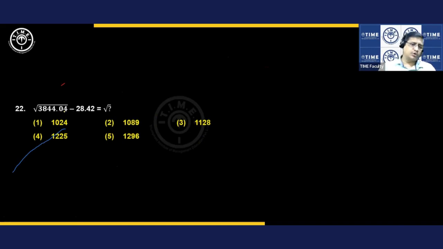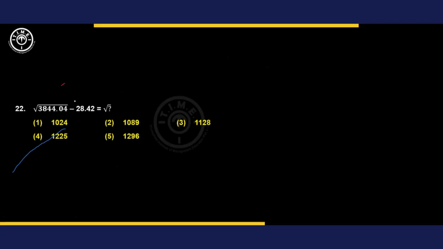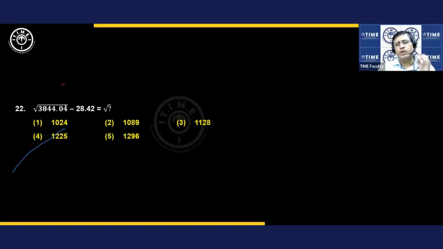Square root of 3844.04. Now 3844, is it a perfect square? No, sir. Then this value lies in between which two perfect squares?